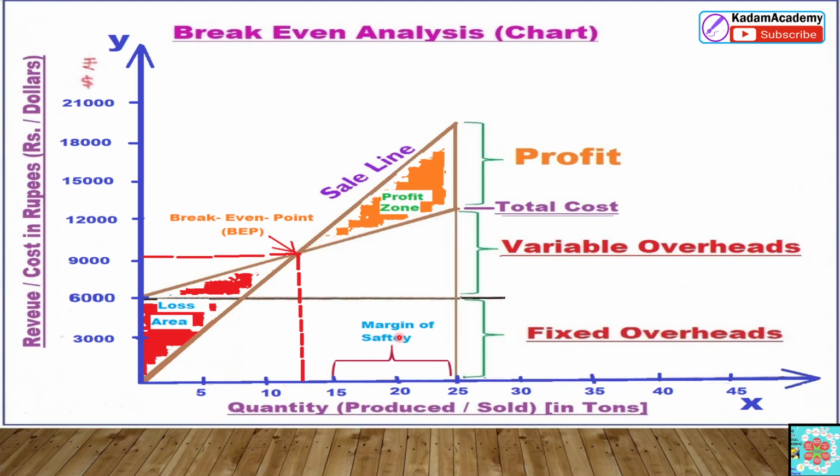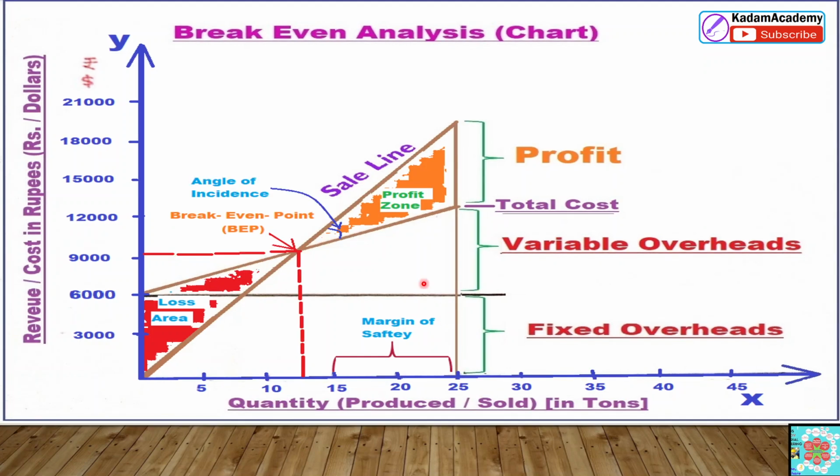The margin of safety is what? Above this break-even point, whatever margin of safety is considered will reduce the loss, or the business will be sustained in the margin of safety if we are having more production.